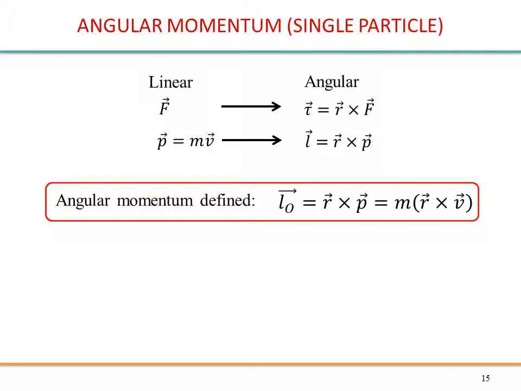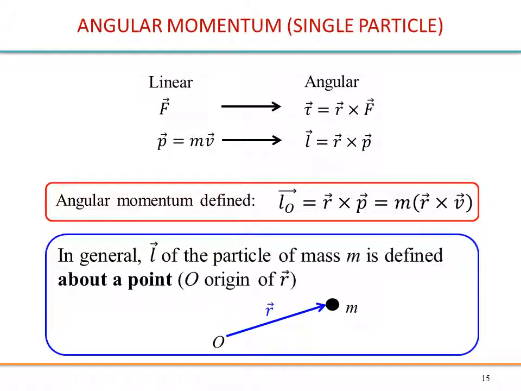This is our definition of angular momentum. So p equals mv, and m is a constant in classical mechanics, so we can take it out of the cross product and we have m R cross v.